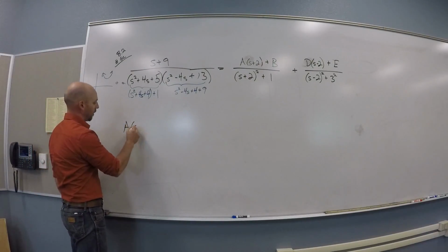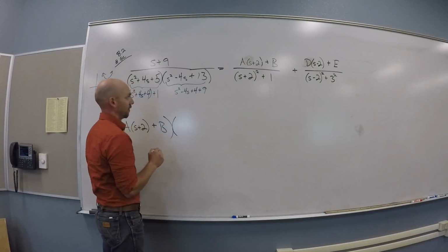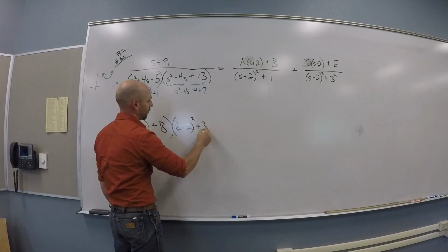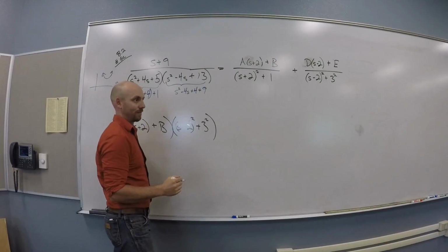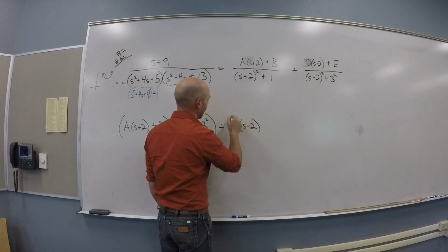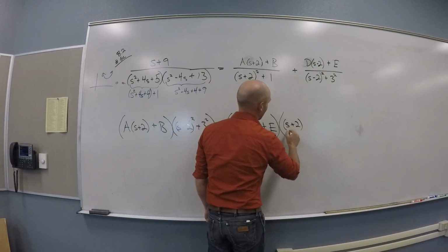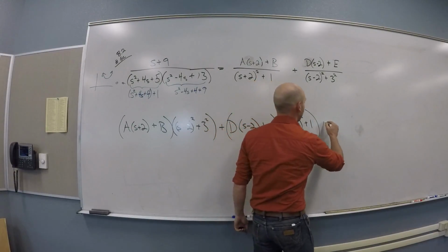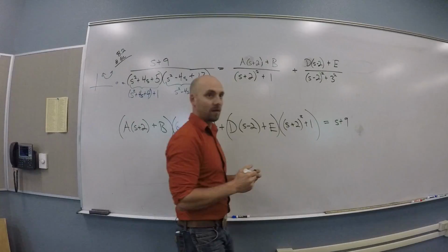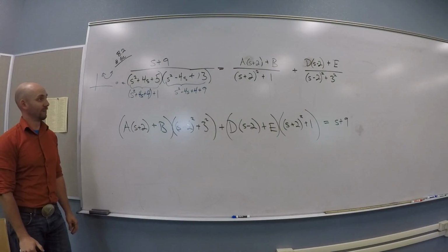I know that A times s plus 2 plus B, all times s minus 2 squared plus 3 squared, plus D times s minus 2 plus E, times s plus 2 squared plus 1, is supposed to equal s plus 9. Now you need to get some equations out of here, right?